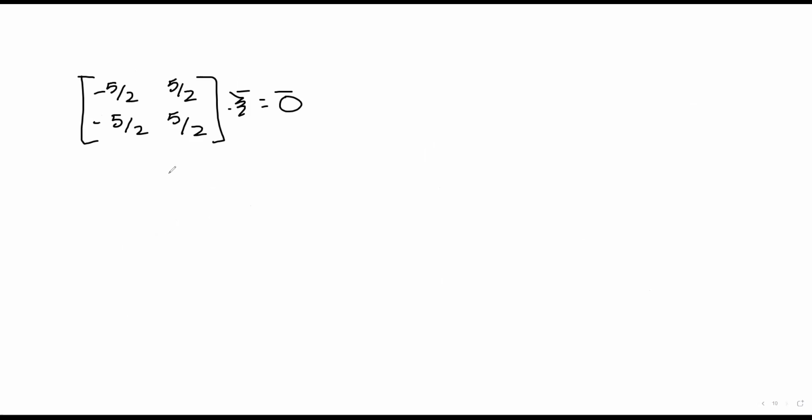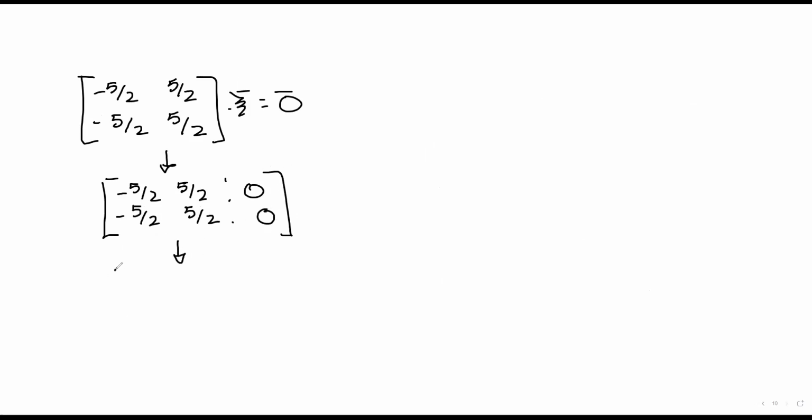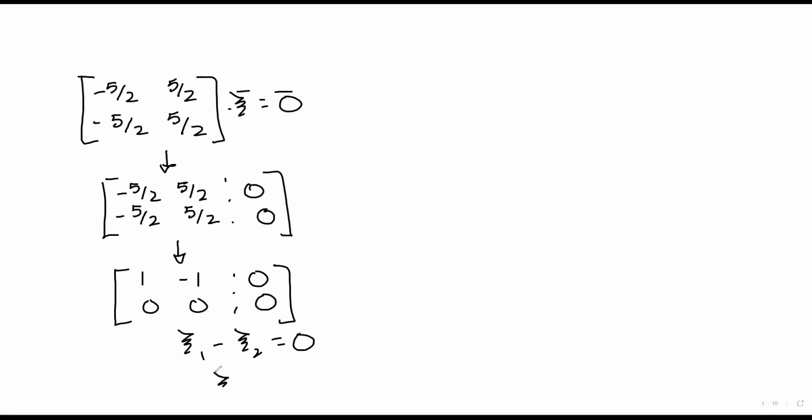And then from there, we can form an augmented matrix. We're going to get -5/2, 5/2, augmented with 0, -5/2, 5/2, augmented with 0. If we row reduce this, this is 1, -1, 0, 0, 0, 0. Translate back. This is the coefficient of xi1, minus the coefficient of xi2 equals 0.